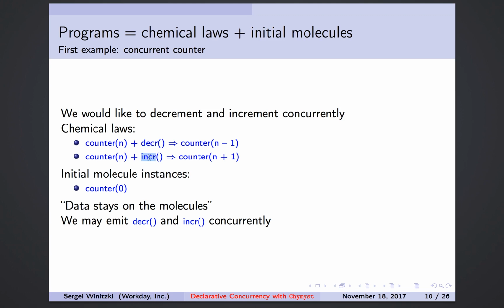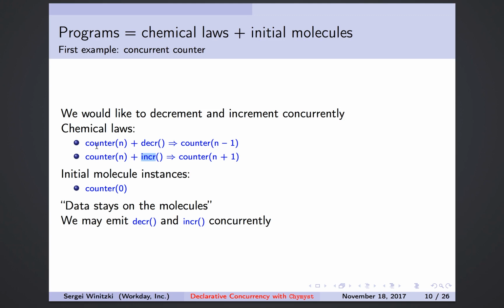The decr and incr are molecules that will be used to signal a request to decrement or increment. So whenever some process needs to increment or to decrement the counter, the process will have to emit one of these molecules into the soup. Then we define two chemical reactions or laws.